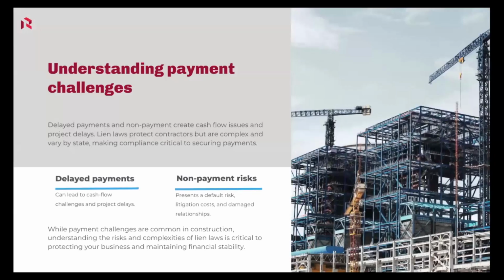All right, so let's start with the basics. Why do payment challenges exist in construction? Construction payments, obviously, are a pretty complex topic. You've got multiple stakeholders involved at different points. Everybody's got different requirements and different concerns, and that's a complicated situation to bring together.